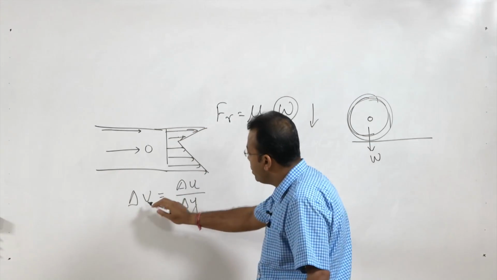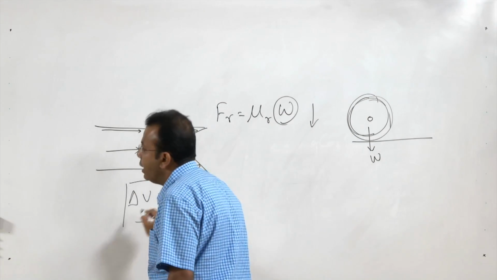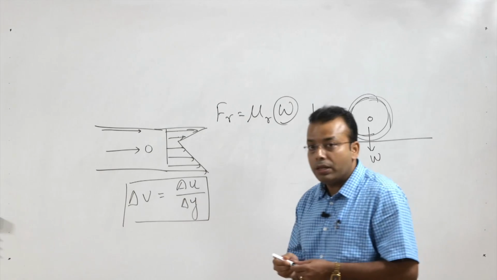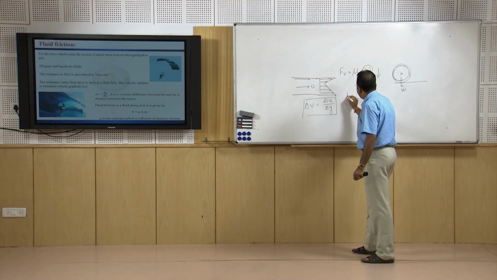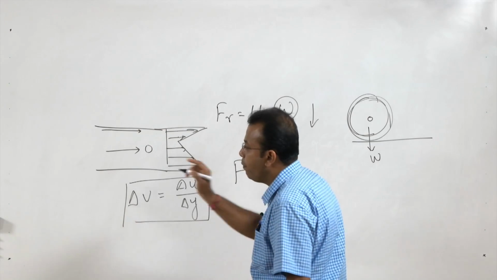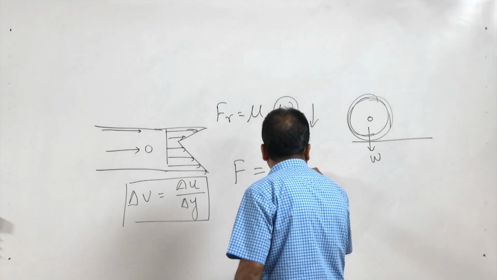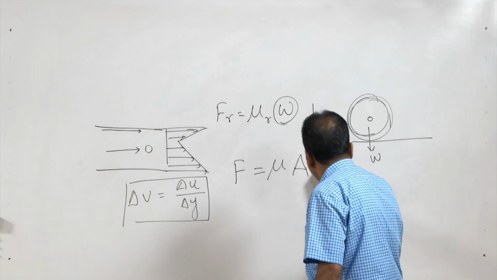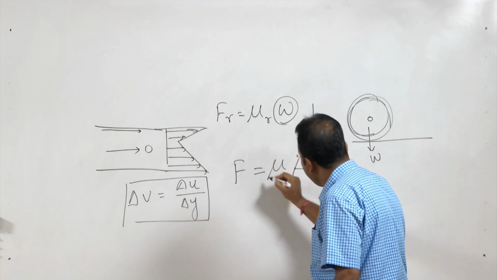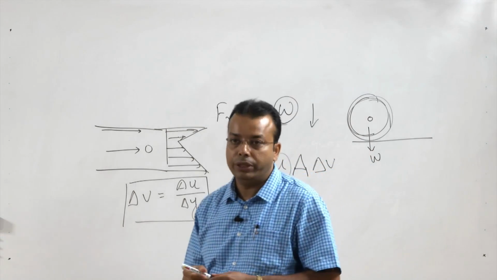So, we can calculate that del V is equal to del U by del Y, and the friction generated in the fluid will be F is equal to mu into A into del V, where A is the area at that particular point. This mu will be the coefficient due to the fluid.